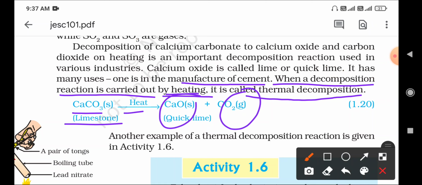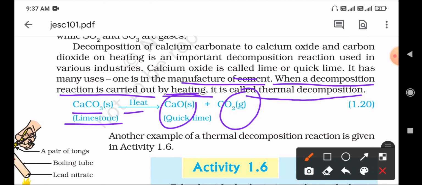What are the questions here? First, what is a decomposition reaction with example, and what is a thermal decomposition reaction with example? These two important questions come in this topic. Again, what is the chemical name of limestone? You can write calcium carbonate. And quicklime is used in the manufacturing of cement.